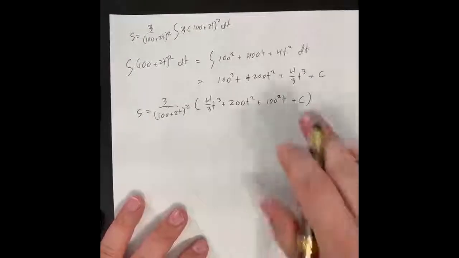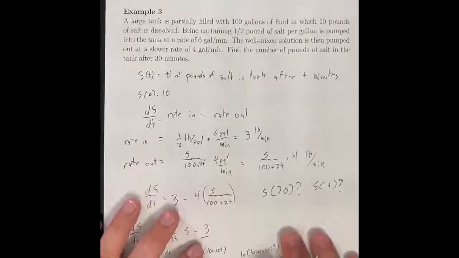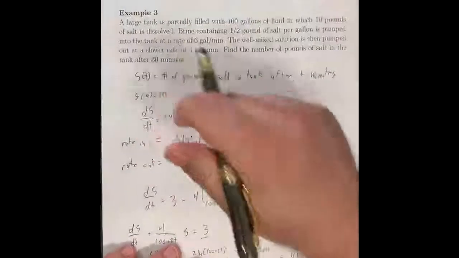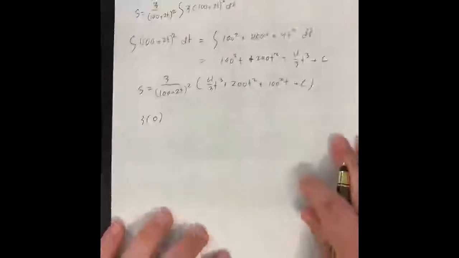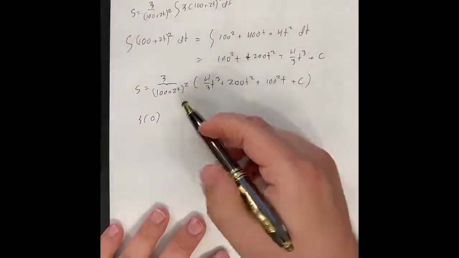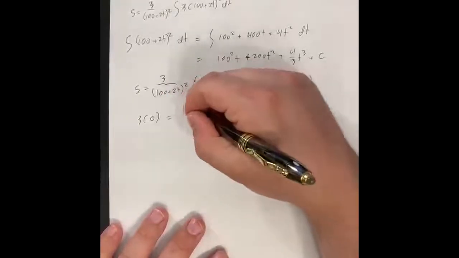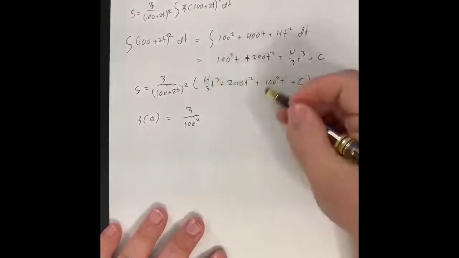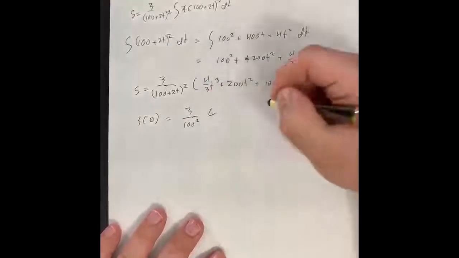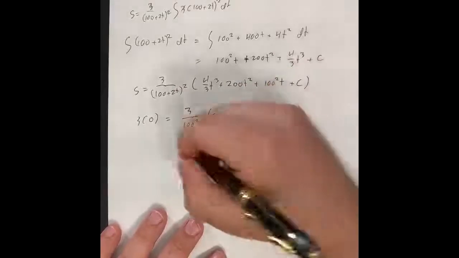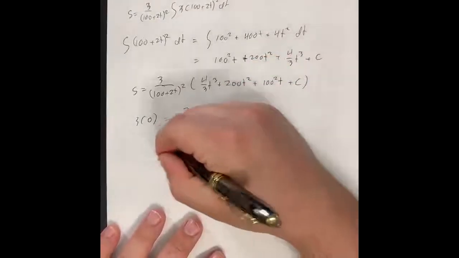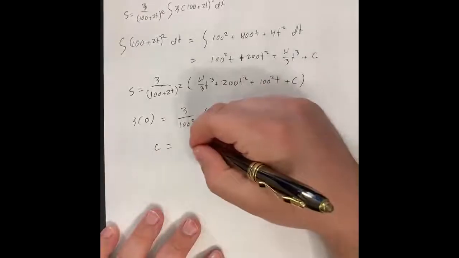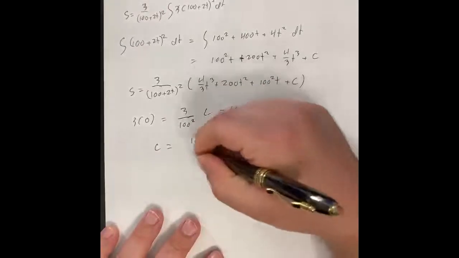The constant we need to find, we can use our initial condition, which in this case is s of 0 is 10. If we plug in s of 0, all those terms go away, and we get 3 over 100 squared times C equals 10. So then C has to equal 10 times 100 squared over 3.